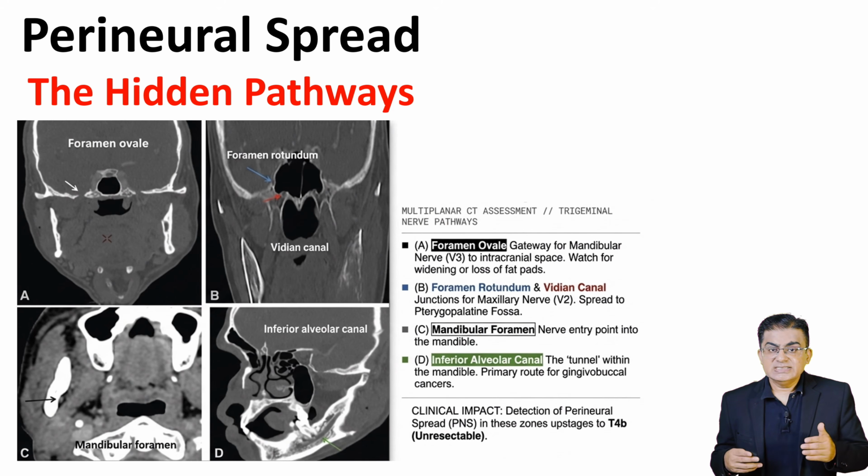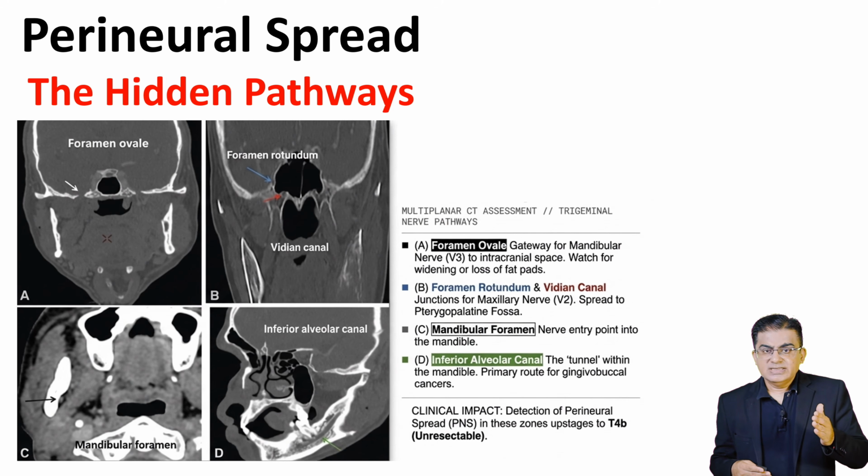But the disease doesn't stop there. Follow it up to image A on top left. That white arrow points to the foramen ovale. This is the ultimate gateway for V3 to reach the intracranial space. You must specifically check if this foramen is widened and if the normal fat pads are obliterated.